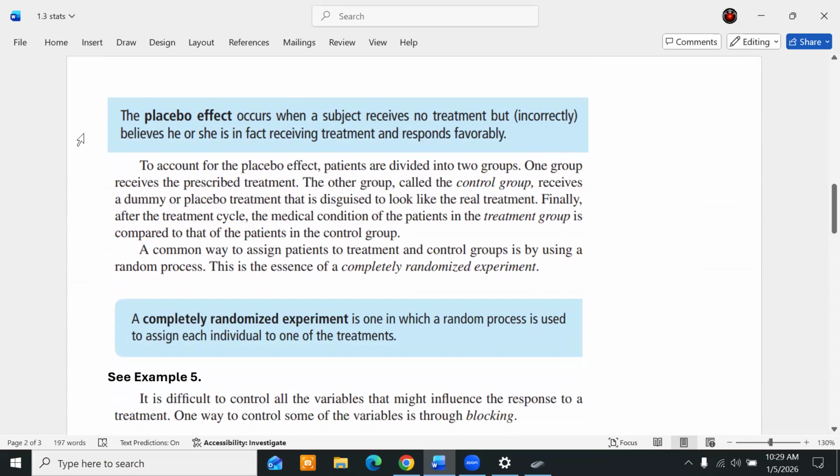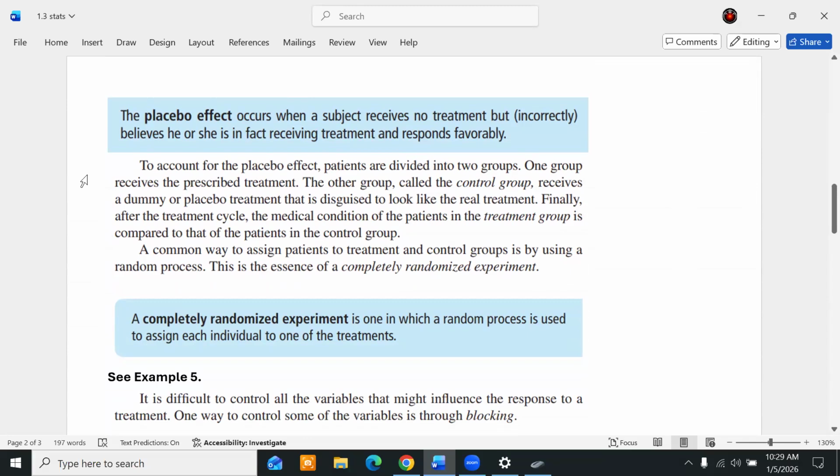The placebo effect occurs when a subject receives no treatment, but incorrectly believes he or she is in fact receiving treatment and responds favorably.